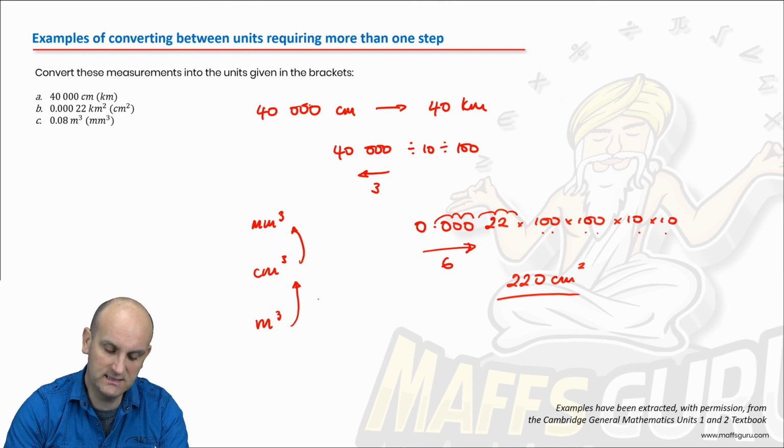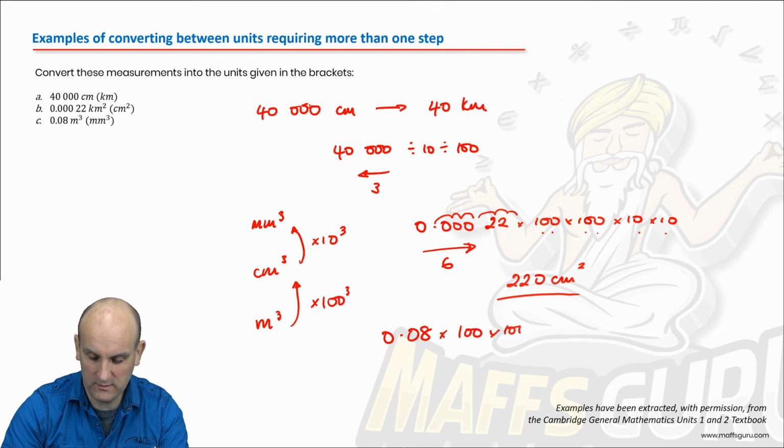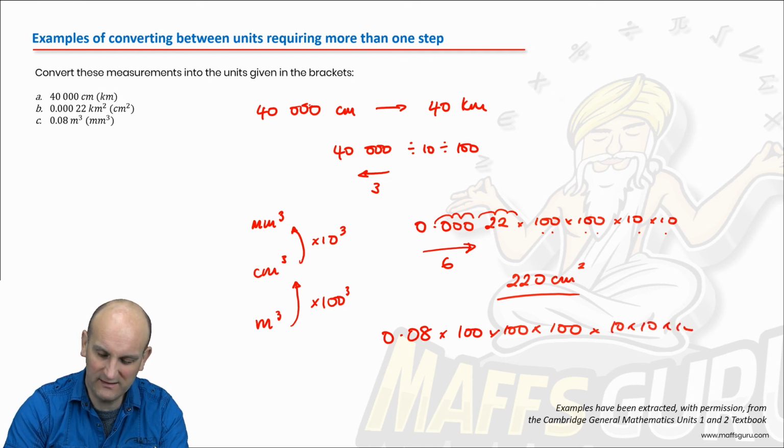So we're going to go that way and that way. Yep, so meters to centimeters is times by 100, but with a floaty 3, times by 10 with a floaty 3. All right, so we've got 0.08 times by 100, times by 100, times by 100, and then times by 10, times by 10, and times by 10. 1, 2, 3, 4, 5, 6, 7, 8, 9 decimal places.